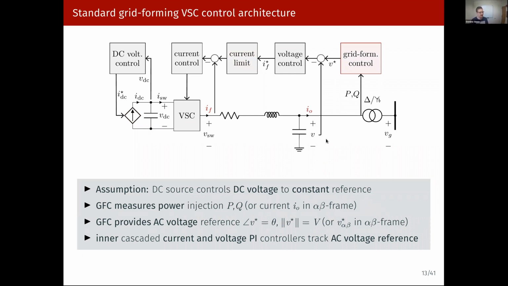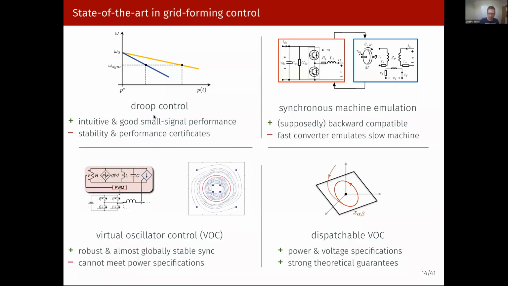So here is an overview of different methods that are prevalent in the literature. The oldest one is droop control that originally came from microgrids, but it's something that you can definitely apply also on the transmission system. There's machine emulation, where you basically take the measurements of the injection into the grid and you run it through a simulation model of a machine to determine how the voltage phasor of a machine would respond. And then, you know, that's what you're applying to the grid.